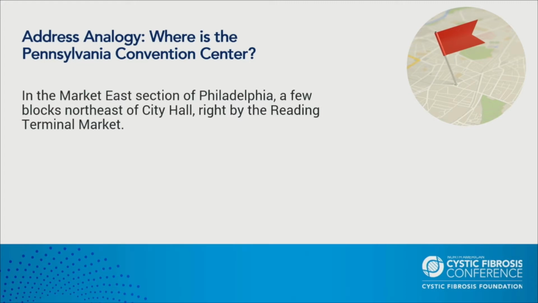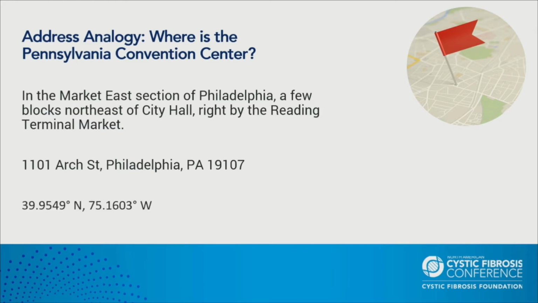If somebody's local and familiar with the area, you could give them descriptive directions. If they're not, someone's going to be driving in, you'd probably give them the address so they could put it in their GPS and find it. And if you wanted to be really technical, you could provide the precise coordinates for the location.